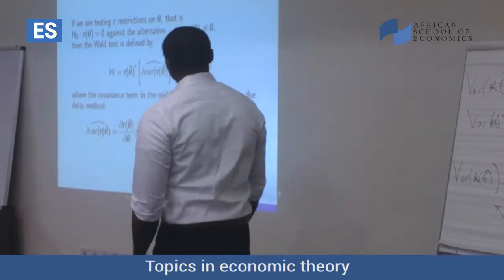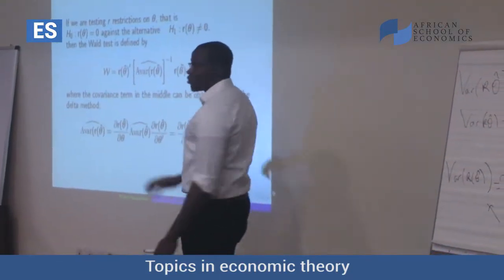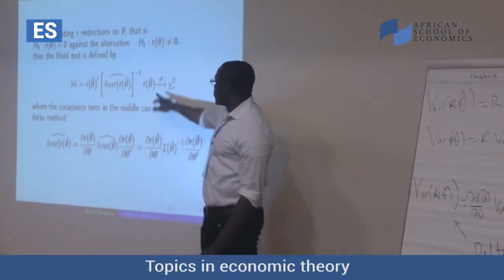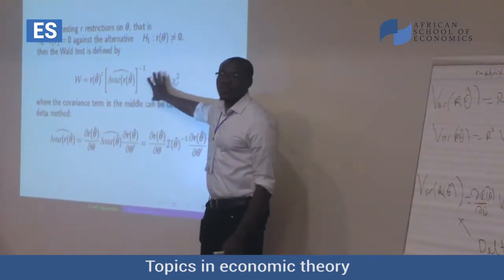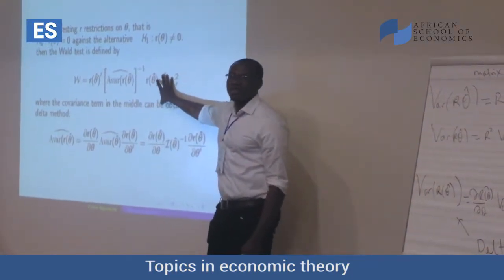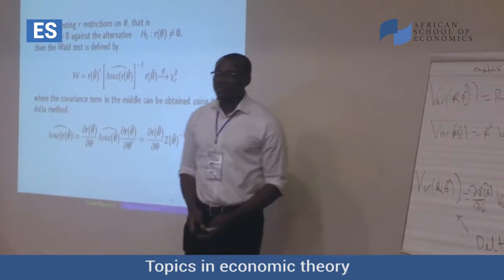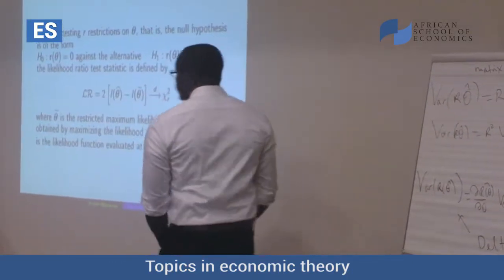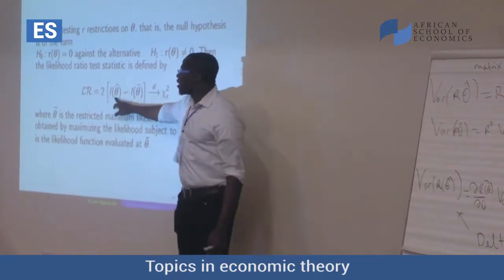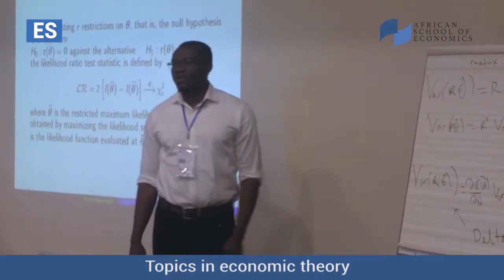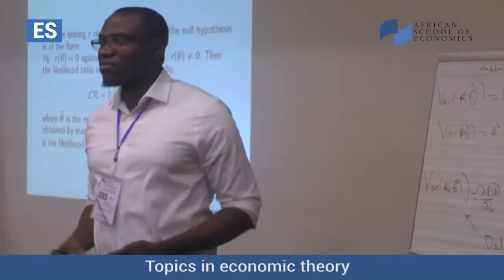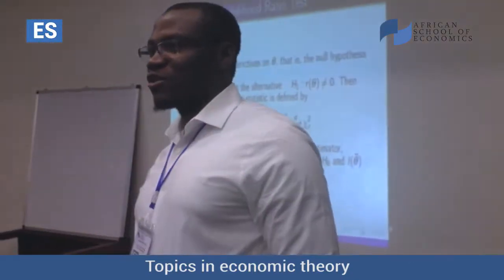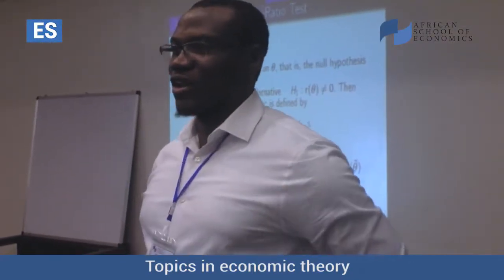Now, if you are using the Wald, you are not using the constraint, you are only using the MLE. So there is no way the constraint MLE is appearing in this test. And if you are using the likelihood ratio test, then you are using both the constraint and the unconstrained. So in some cases, it might be difficult for you to get the constraint because the constraint is so sophisticated that you can't get it.